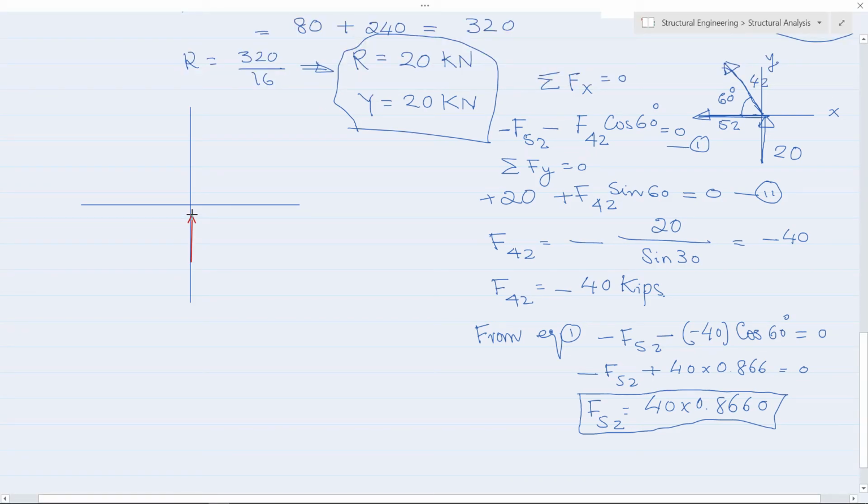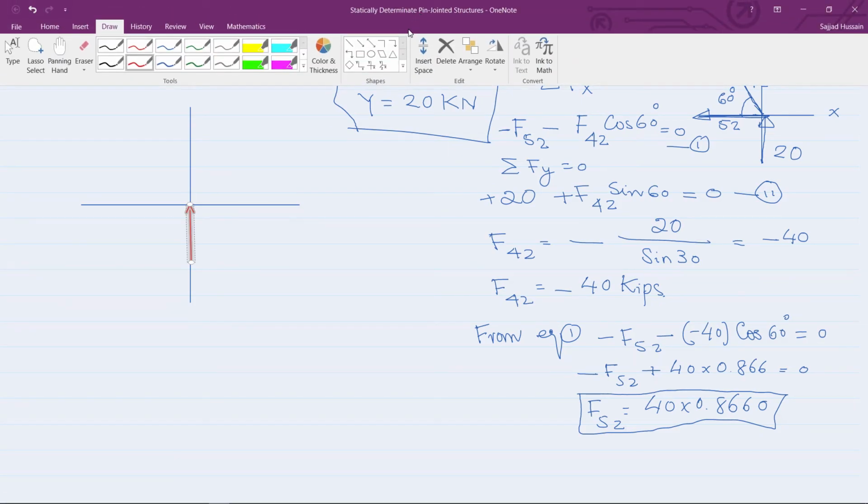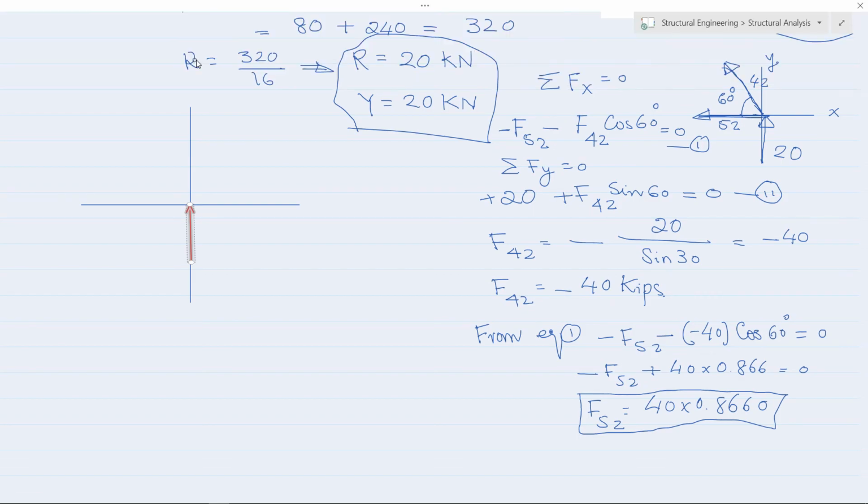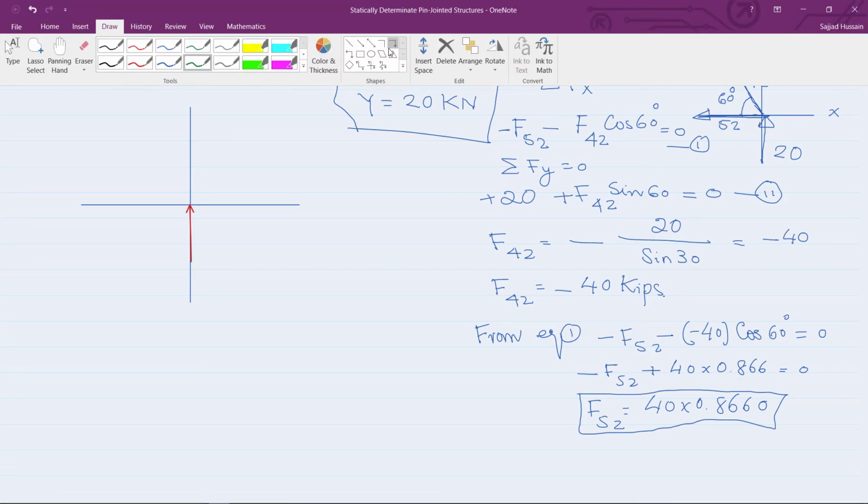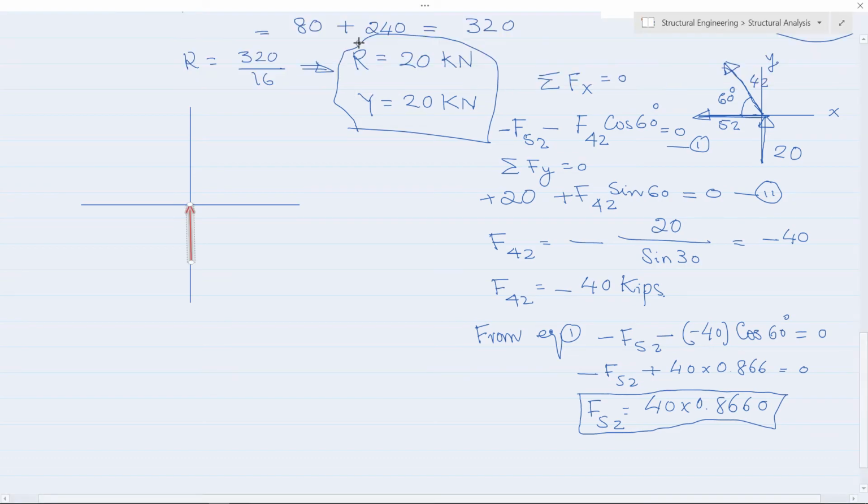The 20 is acting upward, fine. F52 is acting in this direction, positive sign, correct.